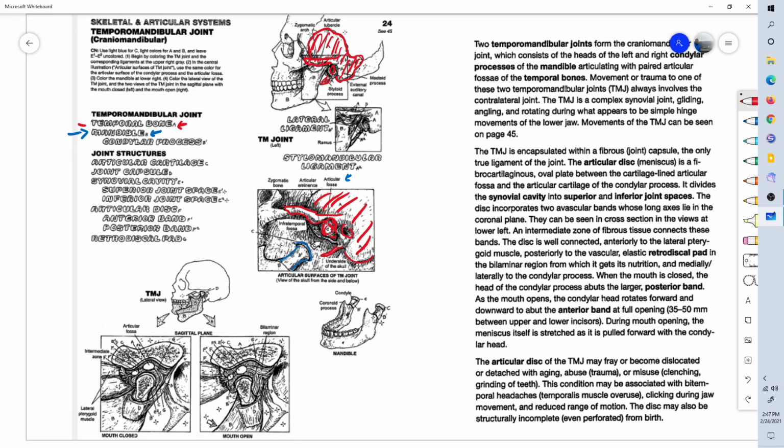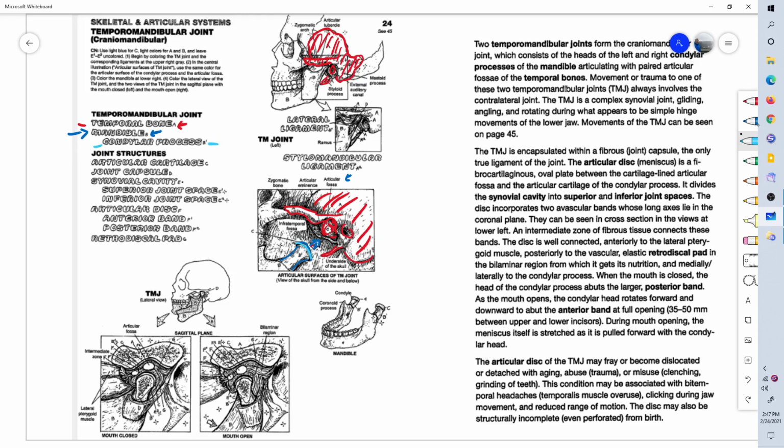So the condylar process is going to go into the articular fossa. And the condylar process, let's make it this new color here.